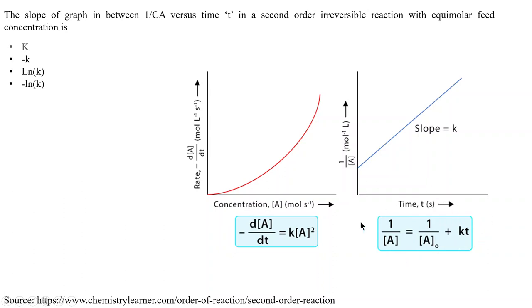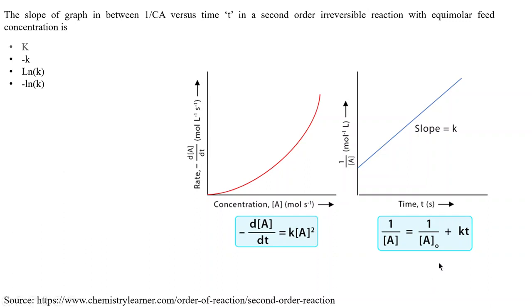But of course, you might also know the expressions for the first order and zero order reactions. So you fit these equations to your curve of concentration versus time. Then the data which is exactly following that equation will give you the correct answer for what order of reaction it is.